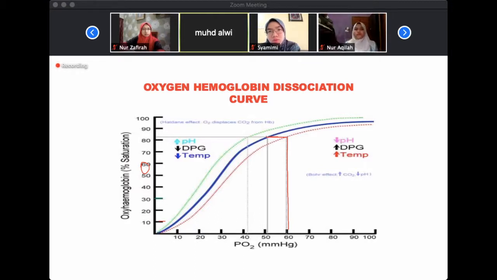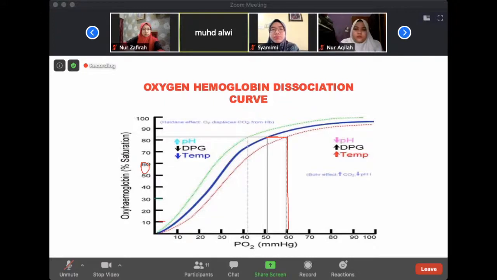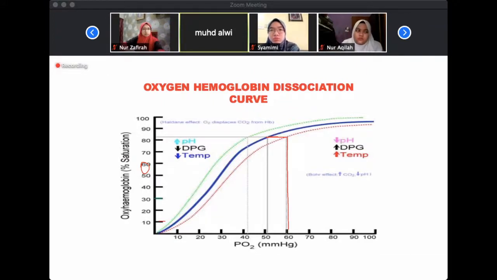Understand? So the degree of anemia, the amount of hemoglobin in the blood, will actually affect your cyanotic appearance.